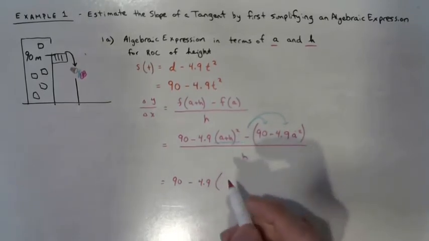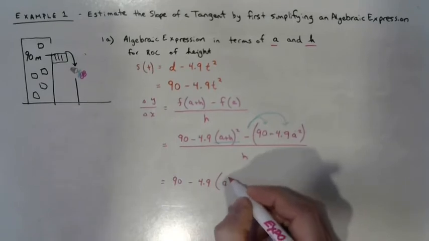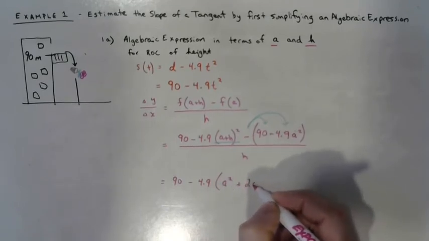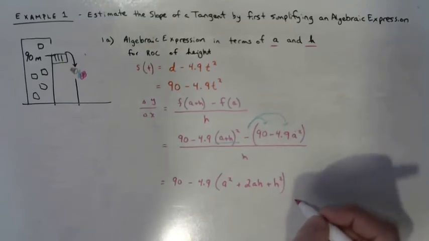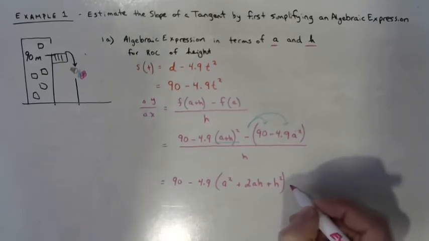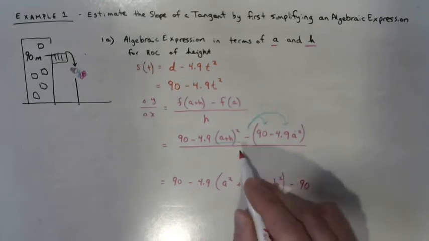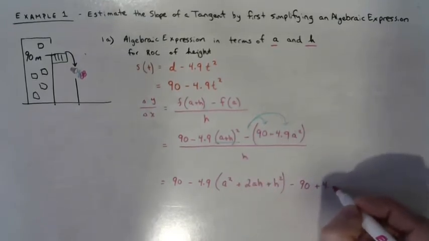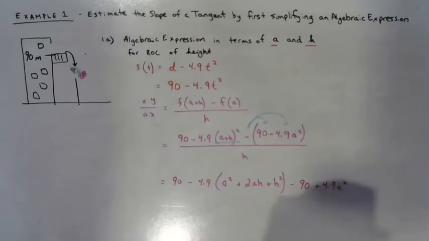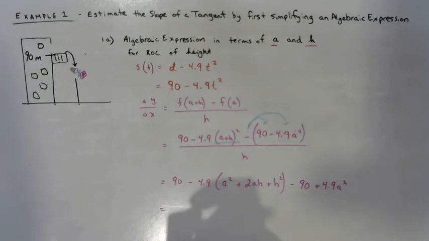And a plus h squared is going to be a squared plus 2ah plus h squared. That's one of those patterns of special products that we should remember. We've got 90, that's a negative 90, and a negative times a negative is a positive, positive 4.9a squared. Let's rearrange this and group our like terms.